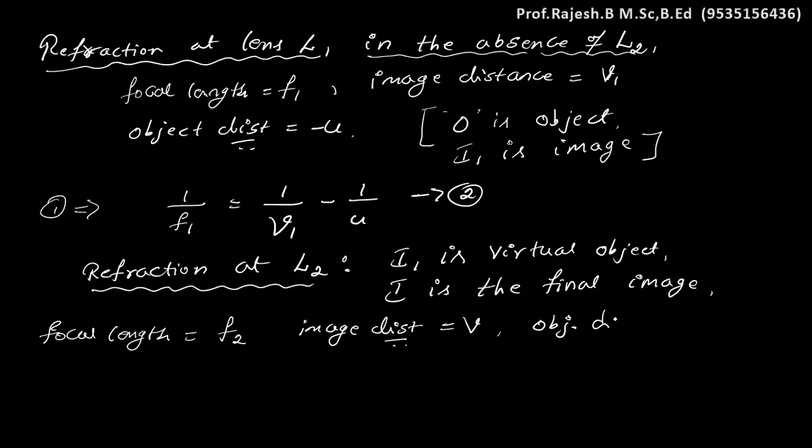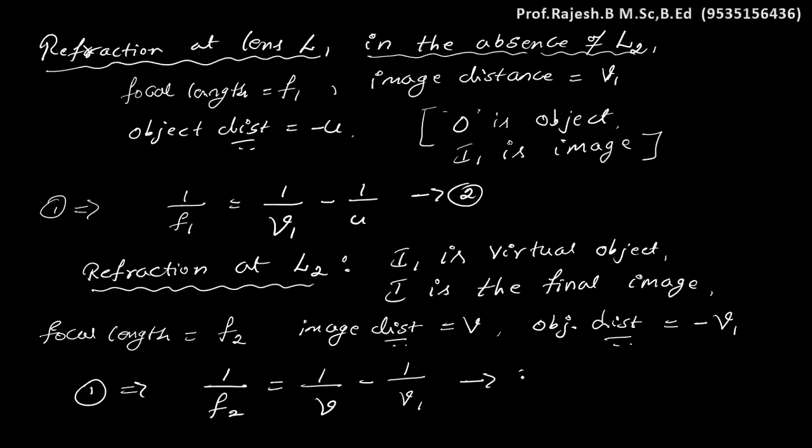Object distance becomes minus V1, because we consider I1 as a virtual object, right? Now substituting in the general formula, we get 1 by f2 is equal to 1 by V, the final image distance, minus 1 by V1, the object distance. So this is equation 3.